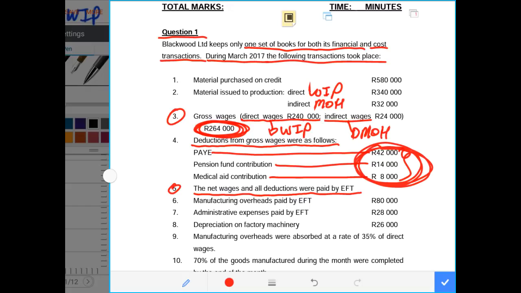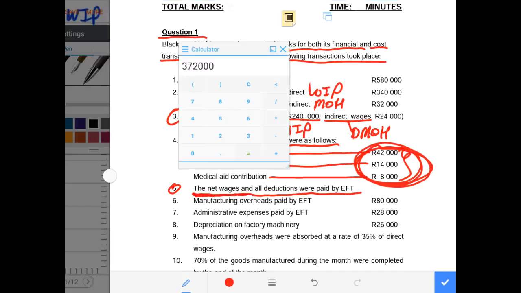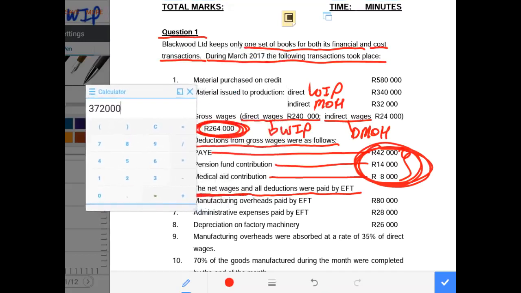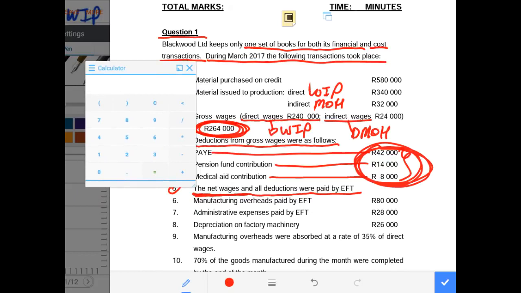Entry number 5 tells us about the net wage, and take note, because our gross wage is 264,000 rands. If we subtract all the deductions, which is 42,000 rands, we subtract 14,000 rands, and we subtract 8,000 rands, this will give us the net wage.